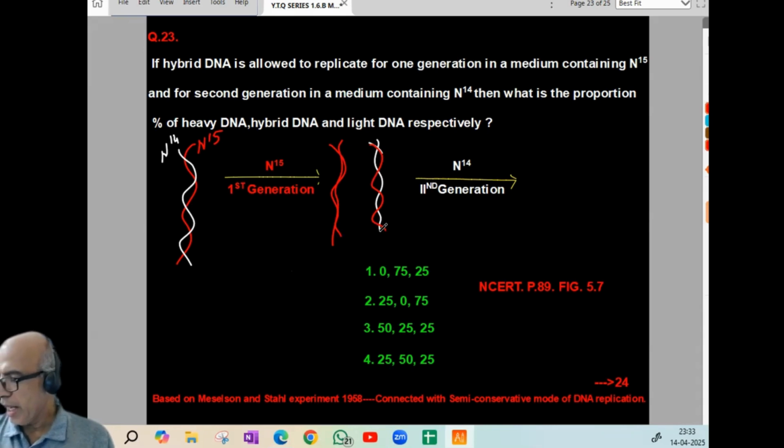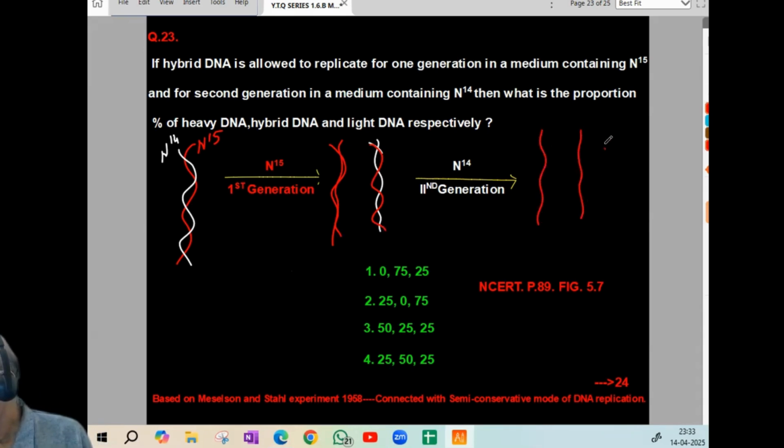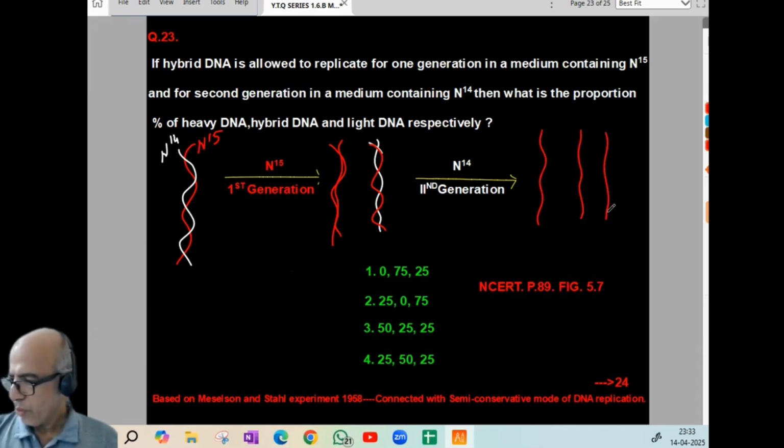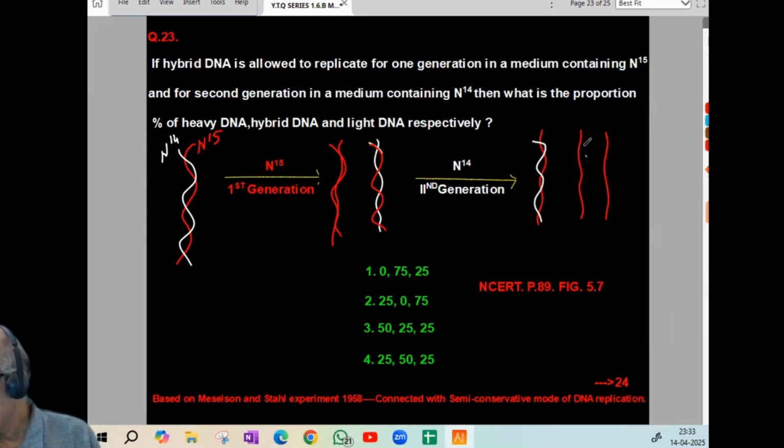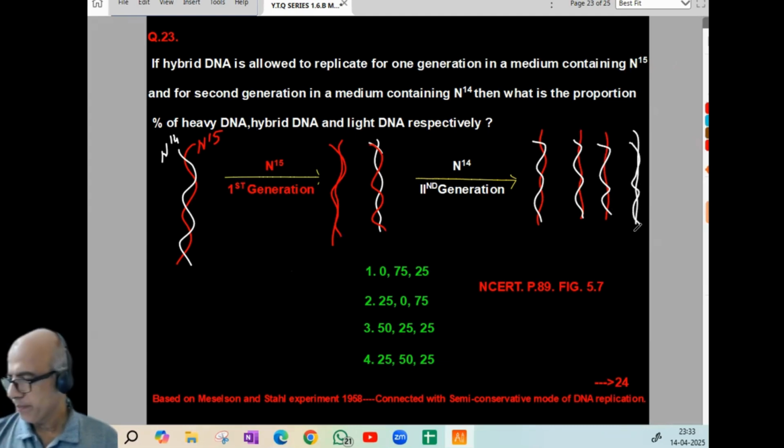Now again put in N14 medium. So we can draw all that separately. For all this, we can find one white will be added because the medium is now N14. Now this N14 will be here, into which another N14 will be added.